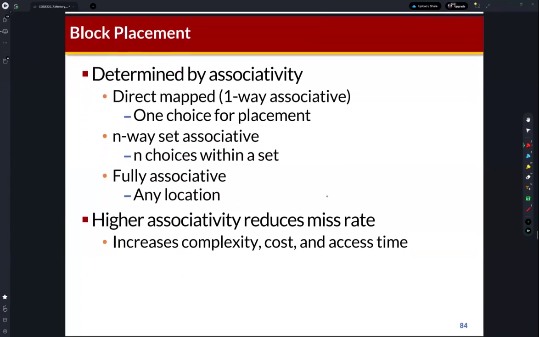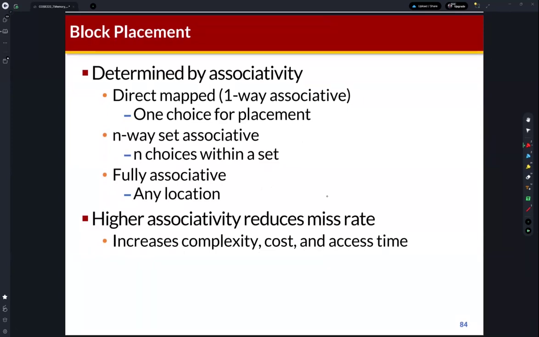And then we also learned about the direct mapped cache, the N-way set associative cache, and the fully associative cache, right? When we organize the cache, we need to consider the performance and the cost of the cache.